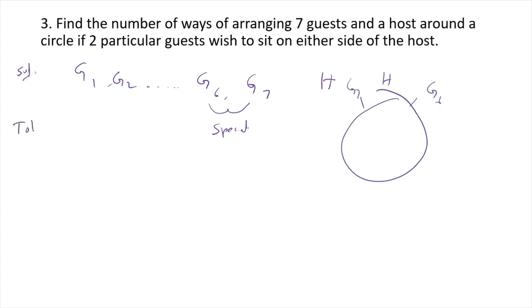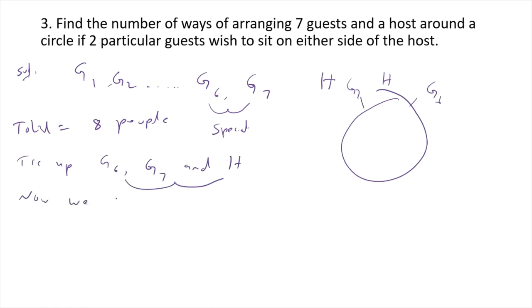Okay, so total is equal to 8 people. But out of these 8 people, we can tie up G6, G7 and H. These are your special guests and you are the host. So now we have 6 units.